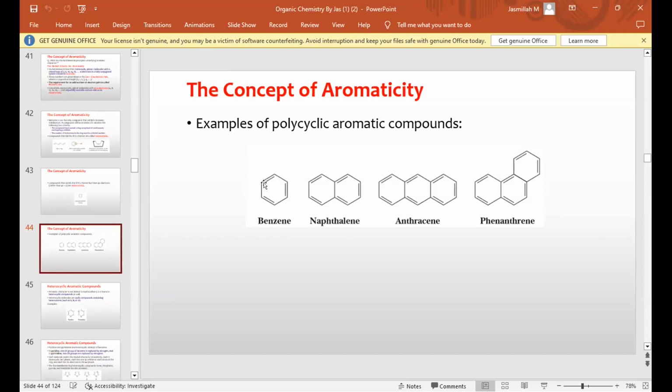Continuous conjugation. Yeah, continuous conjugation. So you see, let's say if we had a double bond here, and then we didn't have a double bond here, this compound wouldn't be aromatic.